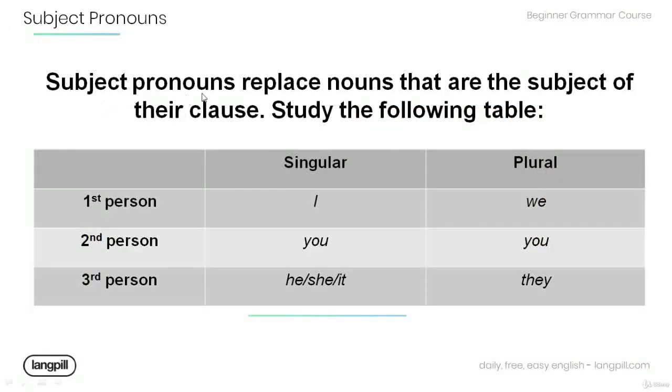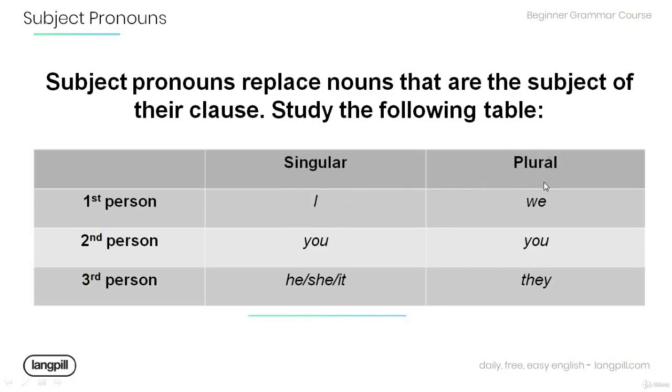Note that subject pronouns replace nouns that are the subject of their clause. Have a look at the table below. When we talk about the first person, in its singular form, we use "I."